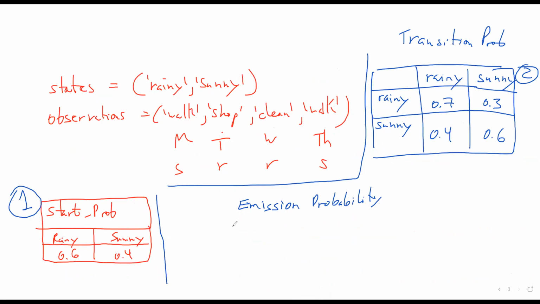So in our case, the emission probability will then look like rainy, sunny, right? And then, oops, let me redo this. Let me redo this. So I'll do it kind of above here. When I get too low, the pen doesn't work as well.